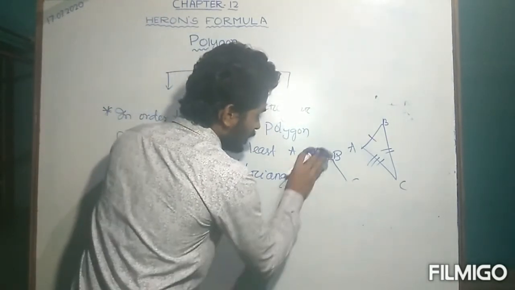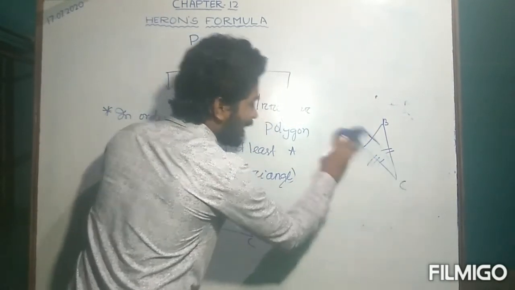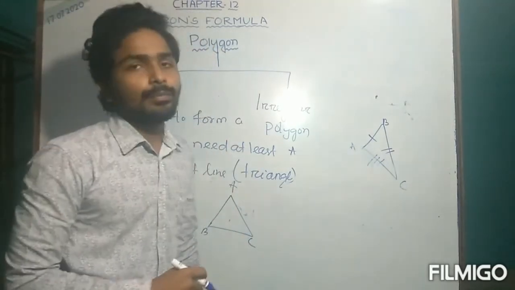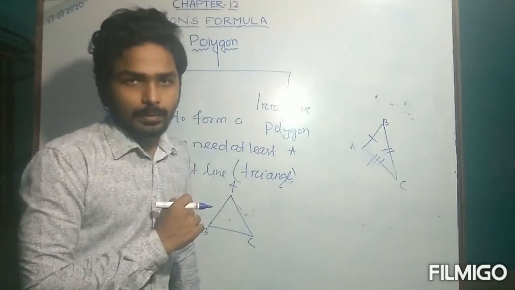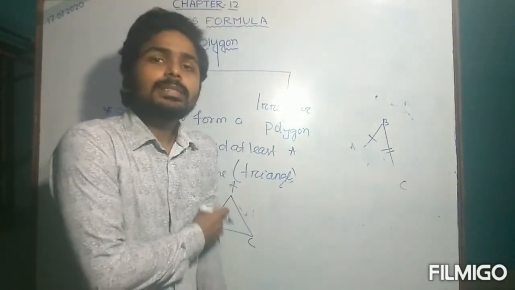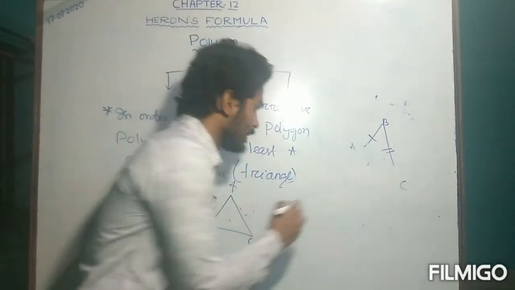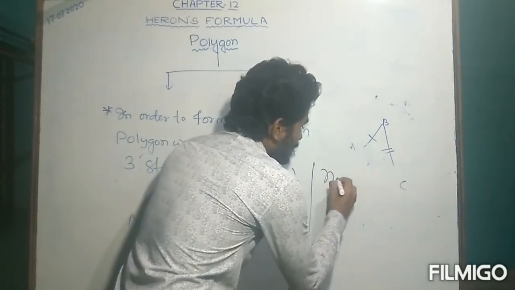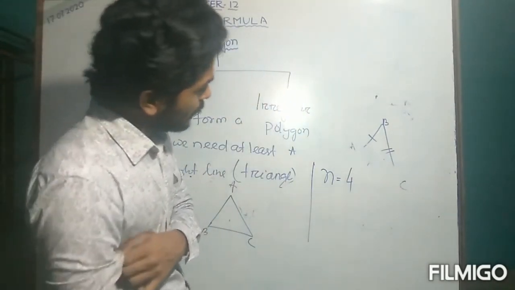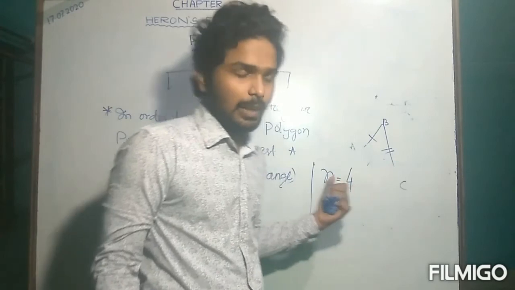Similarly, what is the name of a polygon which is made up of 4 straight lines? Okay. So our question is to draw a polygon which is made up of 4 straight lines. That means what is given? It is given that n is equal to 4. Now we will draw and name that figure.